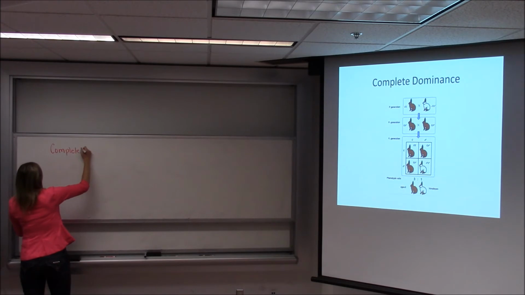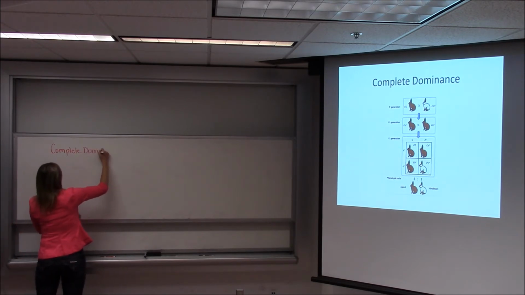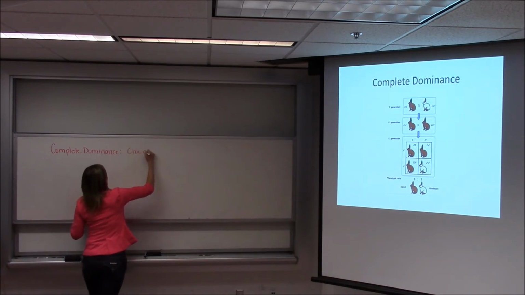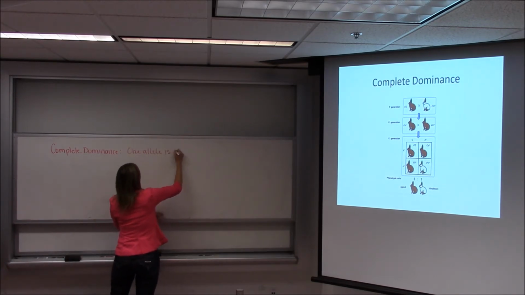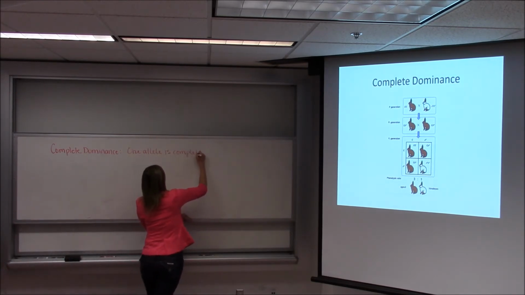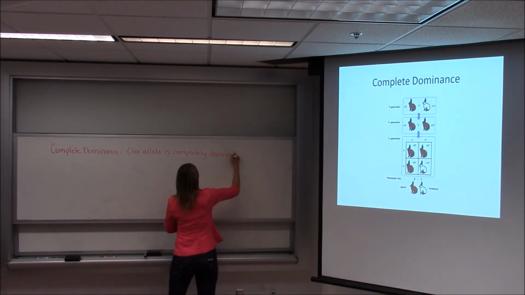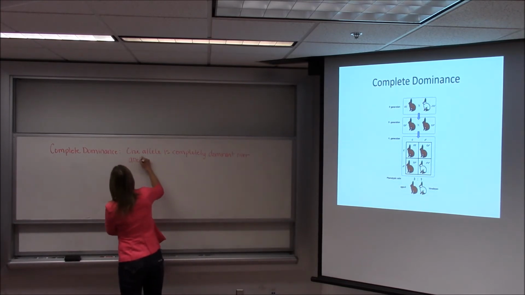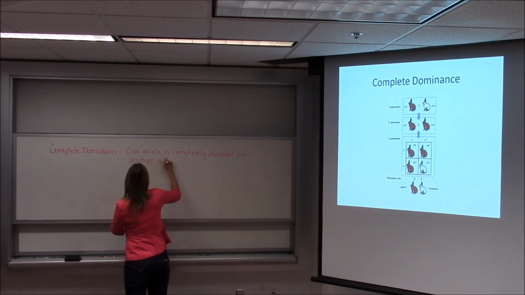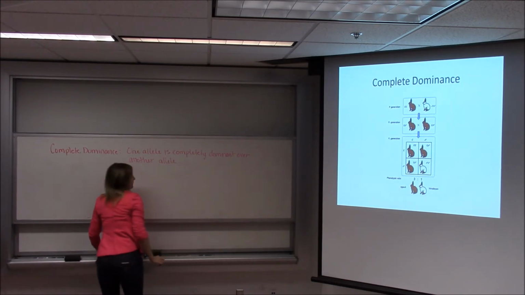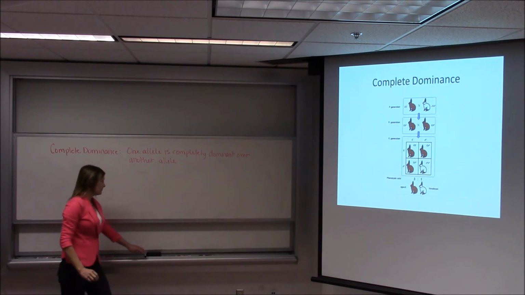In the story of complete dominance, in this inheritance pattern, one allele is completely dominant over the other. So one allele is completely dominant over another allele. How do we know that? We look at the heterozygous individual.